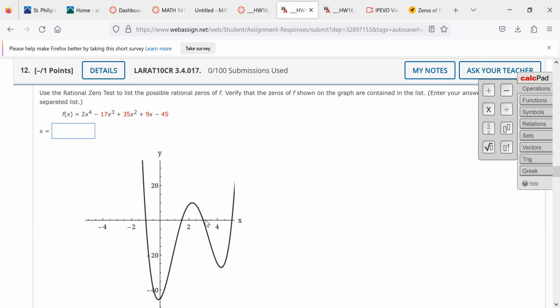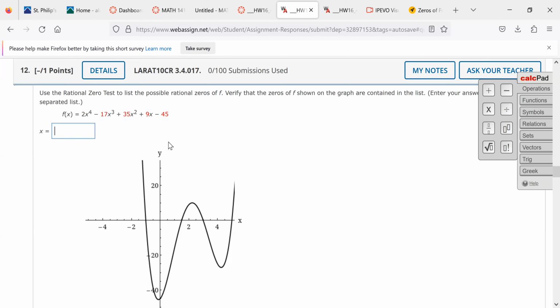Looks like 3 for sure would work. I think it's 3. It's hard to tell. Could be a fraction. One of the fractions might work. So if you were going to try to find them, you would cycle through the possibilities using synthetic division.